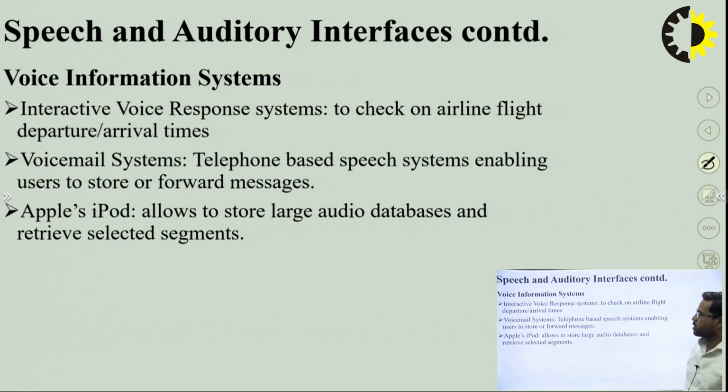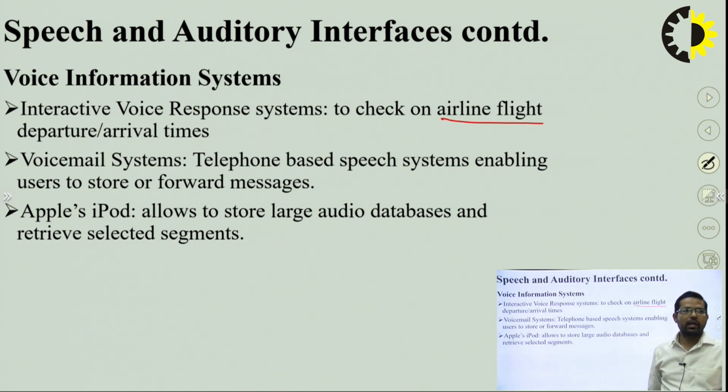Voice information system is basically an interactive voice response system to check airline flight departures and arrivals, just like in a flight information system or a railway information system, with announcements about which train has come, which flight has come, which terminals are open.